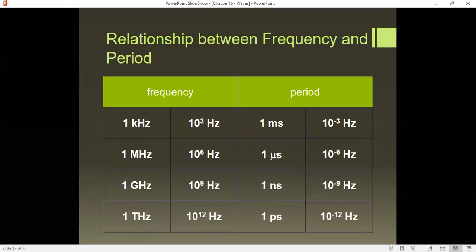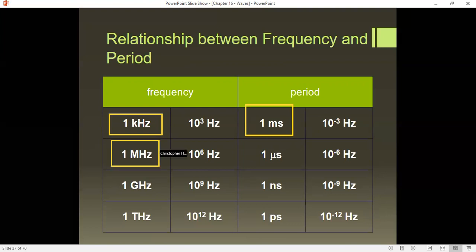We use SI units, so we don't do a lot of switching with the metric prefixes. But clearly you can see if we have a frequency of 10 to the 3 hertz or 1 kilohertz, that corresponds to a period of 1 millisecond or 10 to the minus 3 seconds.